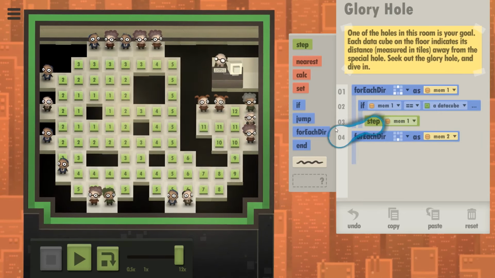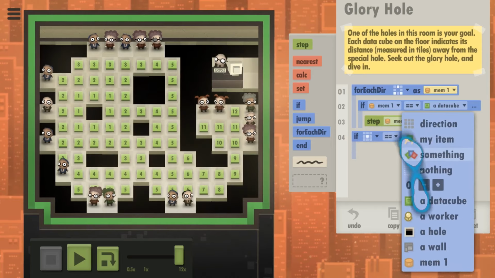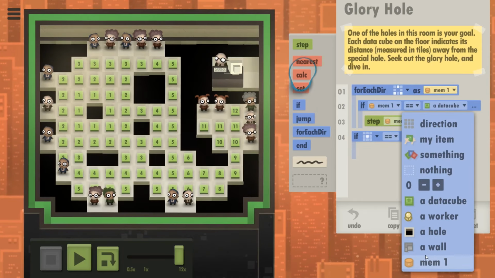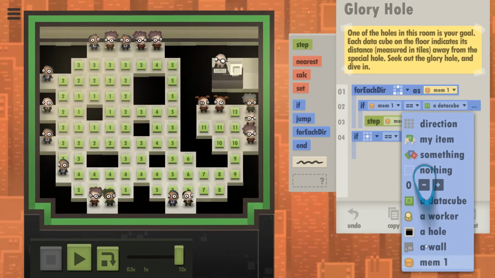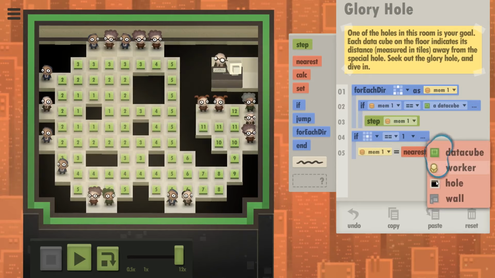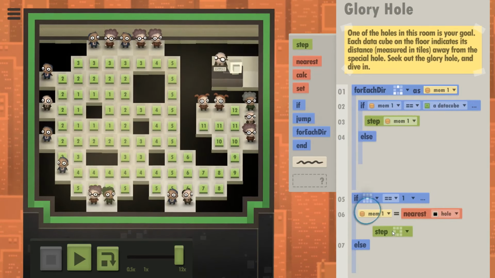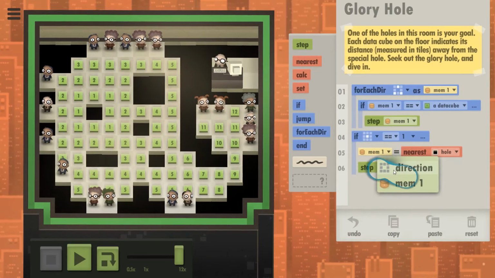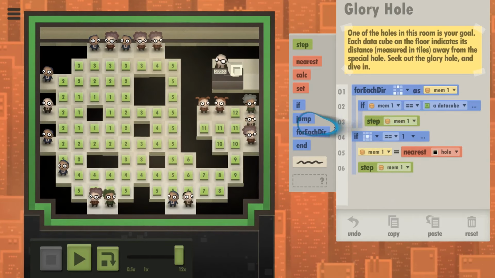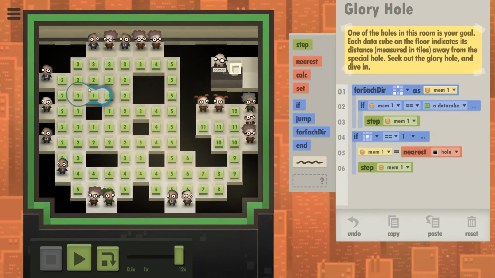Here's the problem. So you can go, if where I'm at equals 1, set memory 1 to nearest hole, step to memory 1. This will make that very fast.